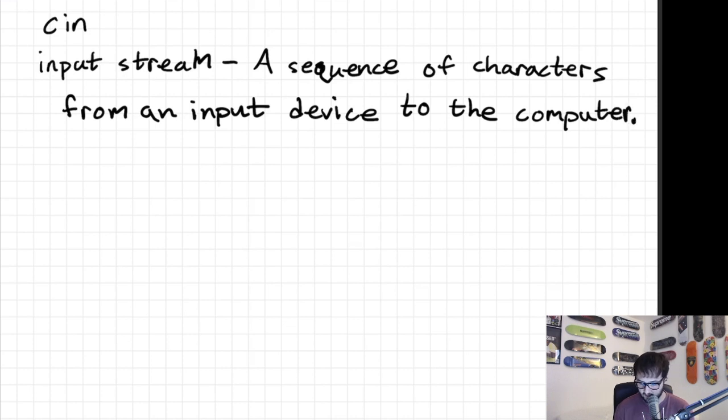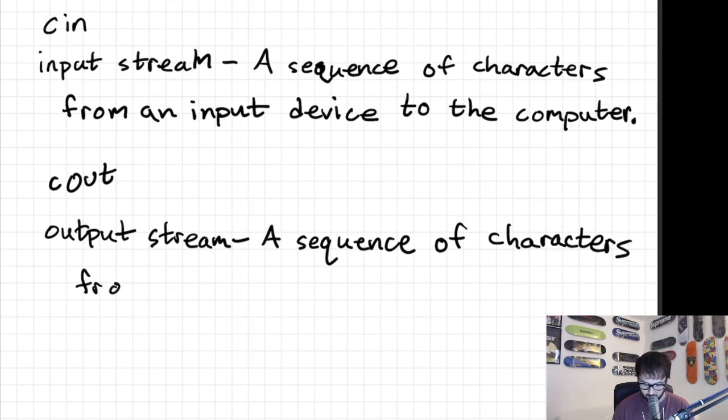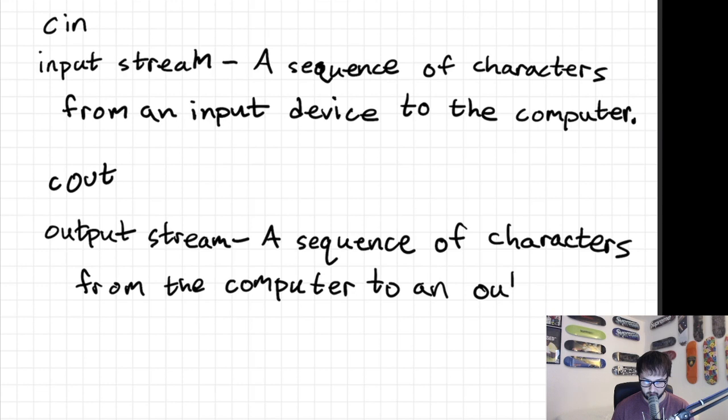We've also been using cout, and that uses the output stream. And the output stream is a sequence of characters from the computer to an output device.